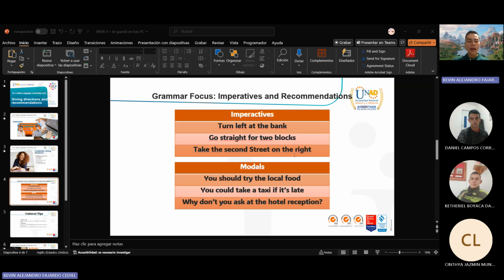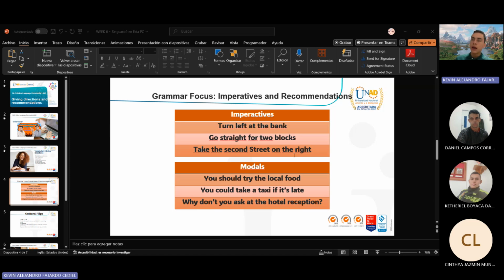In the case that someone tells you "take the second street on the right," it's understood that you have to find the second street and turn right. They sound direct, but they're polite when used in context with a friendly tone.